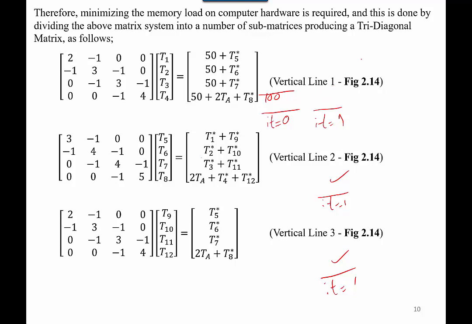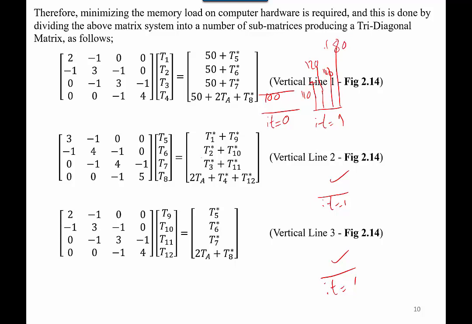Let's focus on the first submatrix. Suppose the temperature distribution is this for T1, this for T2, this for T3, and this for T4. This one may be 110, this one 120, this one 140, and this one 180.